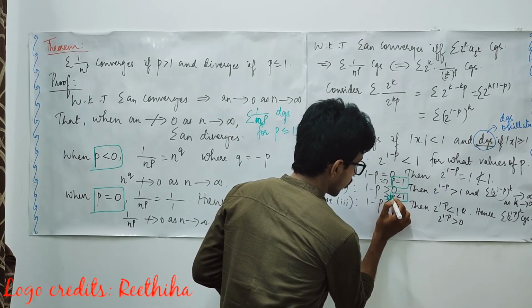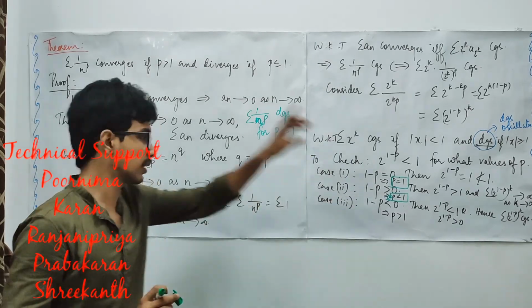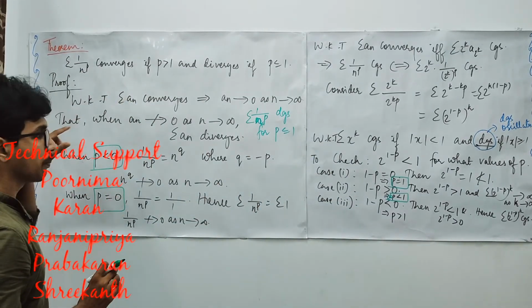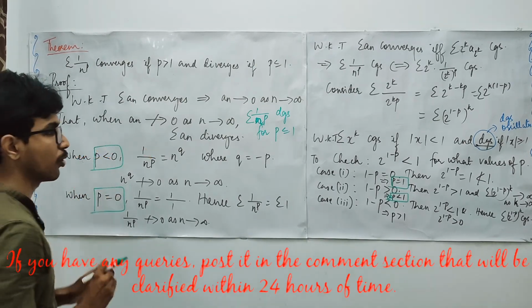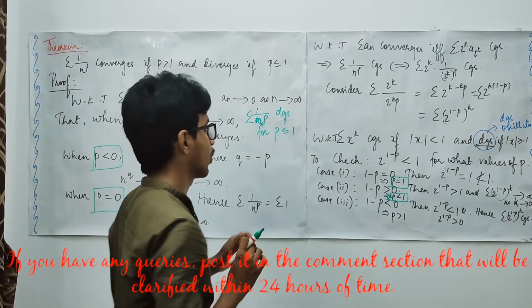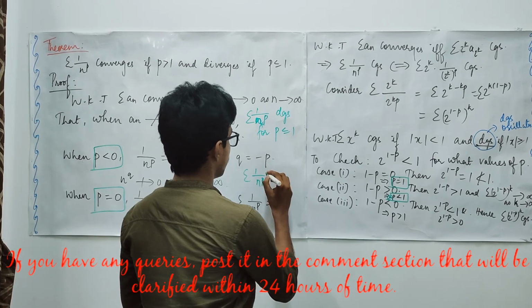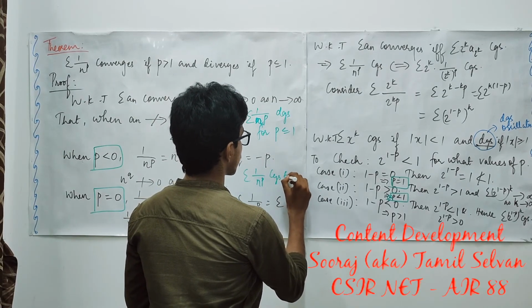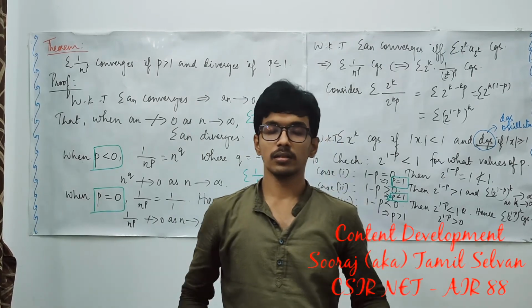Here we have spoken in the case of 0 less than p less than 1. For this case we have spoken that, and for p equals 0 we have spoken here, and for p less than 0 we have spoken here. All these four cases we have clubbed into only one thing, and hence summation 1 upon n power p converges for p bigger than 1. Right? Thank you for watching.